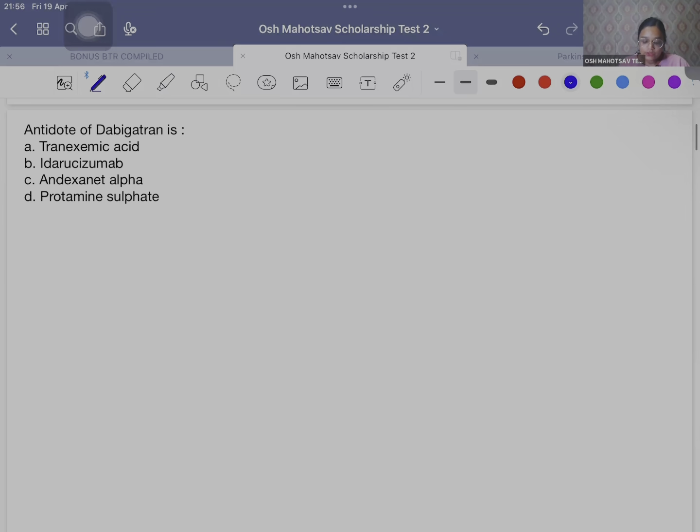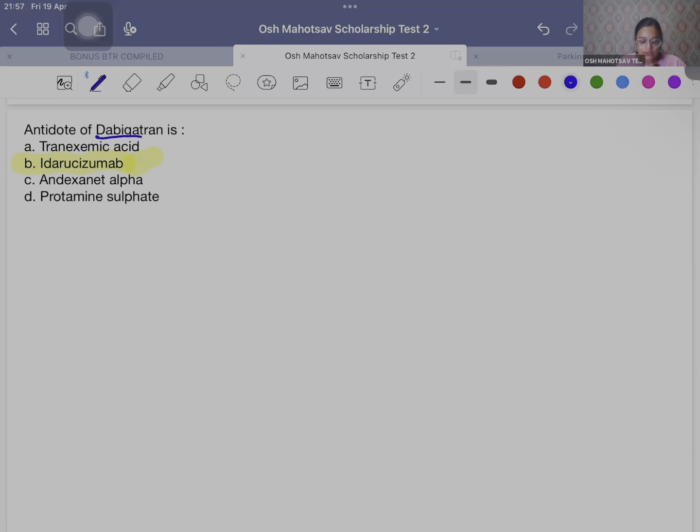The next question was: what is the antidote of dabigatran? Dabigatran is an anticoagulant drug, a direct thrombin inhibitor.